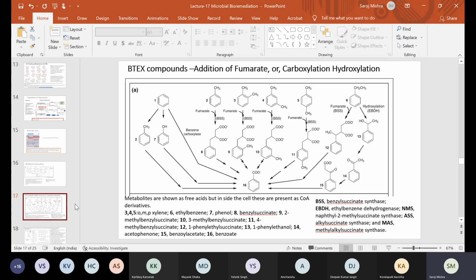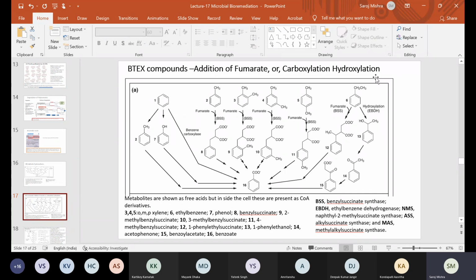Now, very briefly, I will move now to anaerobic oxidation of single ring containing compounds. Collectively you will remember that we call them BTEX. And again, what you see is that there are very limited pathways. Either you are going to add fumarate or carboxylation or hydroxylation.